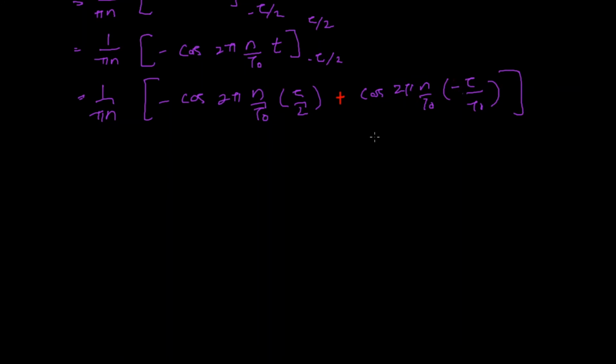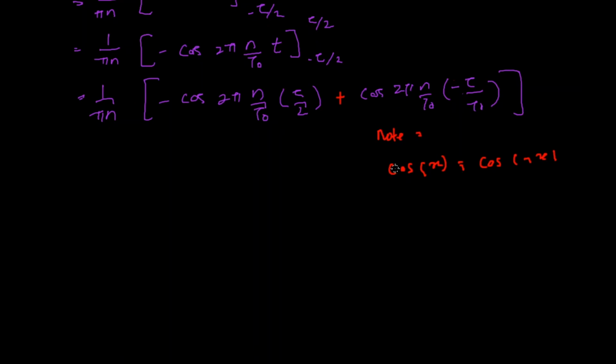So note, when you have cos of x, you can also have cos of negative x, and they are the same. Hence this can also be written as positive, the entire thing inside here. Whatever we have here, this one will be the same thing.